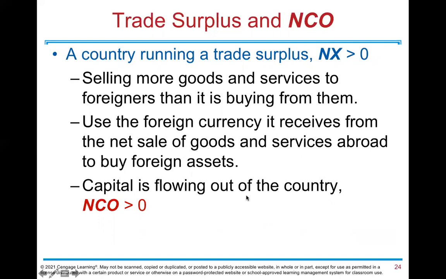So that means that capital is flowing out of the country. NCO is greater than 0. Okay, and the reason here is because this country is running a trade surplus. They're getting all this money from all these other countries, and they're going to use that money to buy capital. They're going to buy capital from Mexico, from Japan, from the rest of the world.